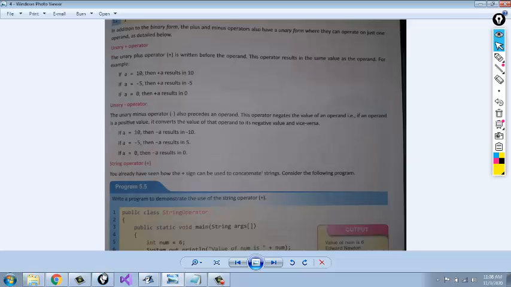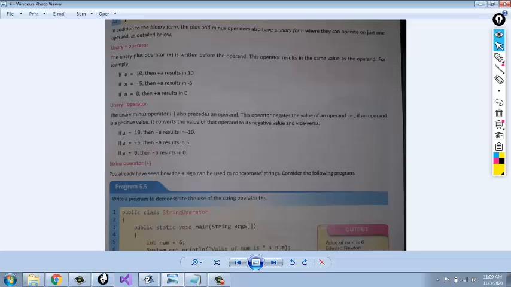Then the unary minus operator. This minus operator will negate the value of the operand. If an operand is a positive value, it converts the value of that operand to its negative value, and vice versa. We can see the examples. If a is equal to 10, then minus a results in minus 10.